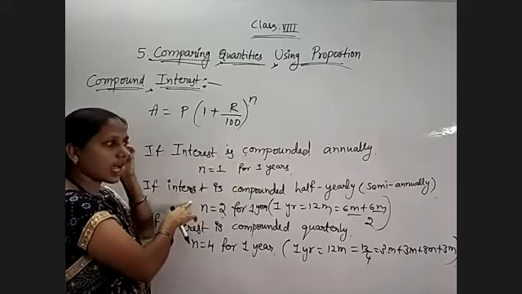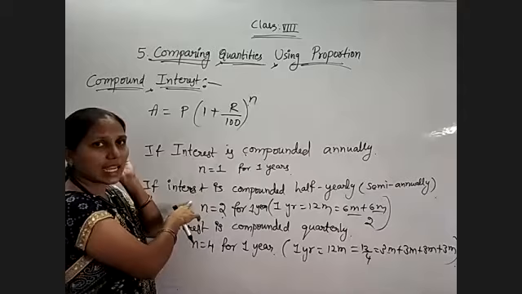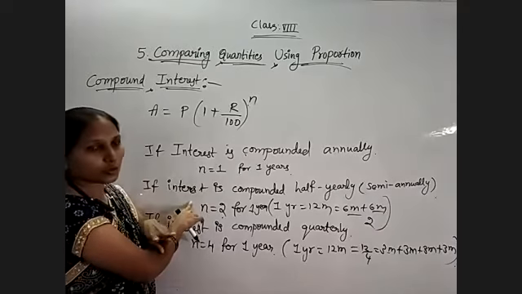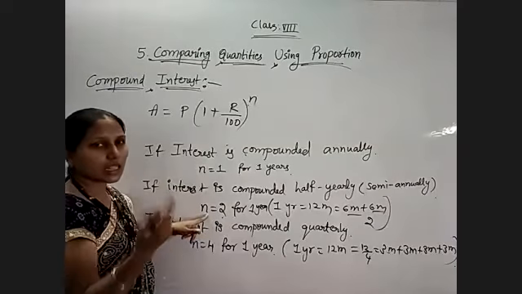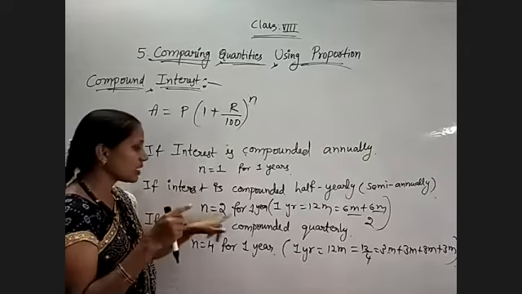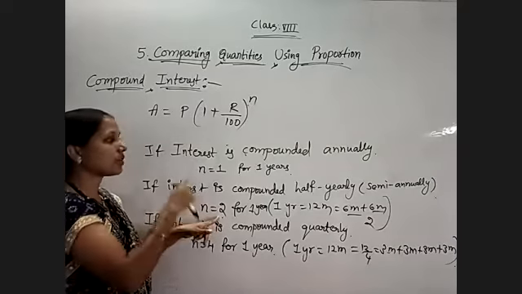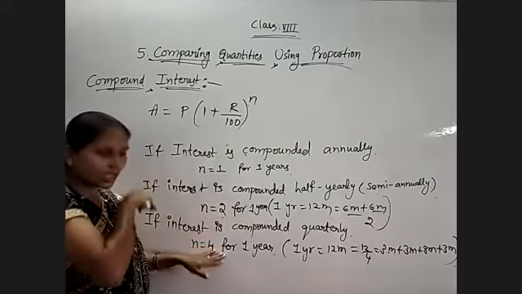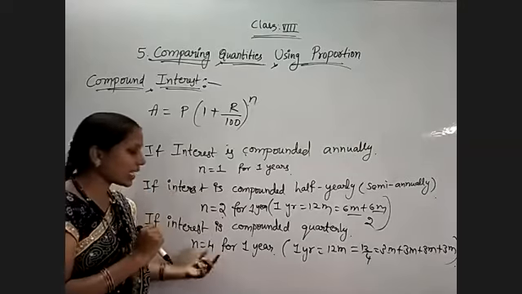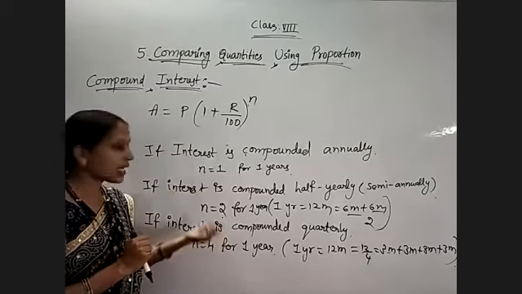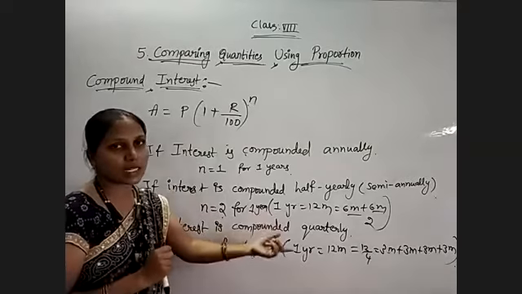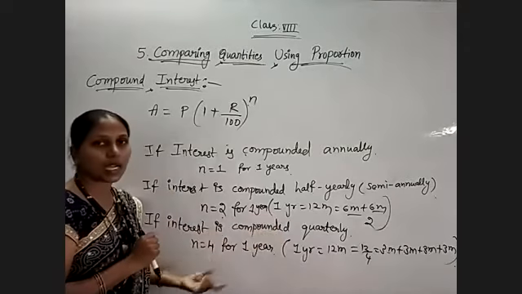If compounded half yearly for 2 years, there are 2 conversion periods per year, so 2 into 2 means 4 conversion periods. Like that, for quarterly, we get 8 conversion periods when the number of years is 2. In that case n will be equal to 8.